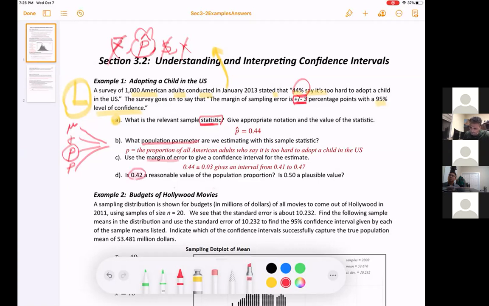Look at the interval, it is 0.41 to 0.47. I keep forgetting. It is in there. So this is yes, but 0.50 is no. Good. So 0.42 lies in the interval, so it's a plausible value. But 0.50 is not.